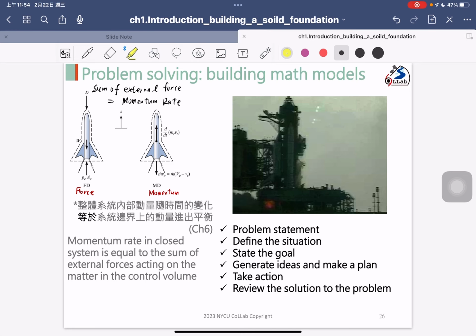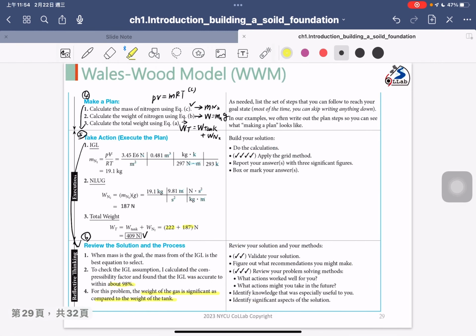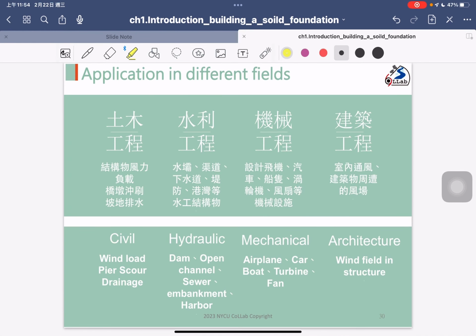Okay. So this is why I wrote down the very important 6 steps for solving problems. In the following two slides, I just summarize applications in different fields when you finish the class this semester.